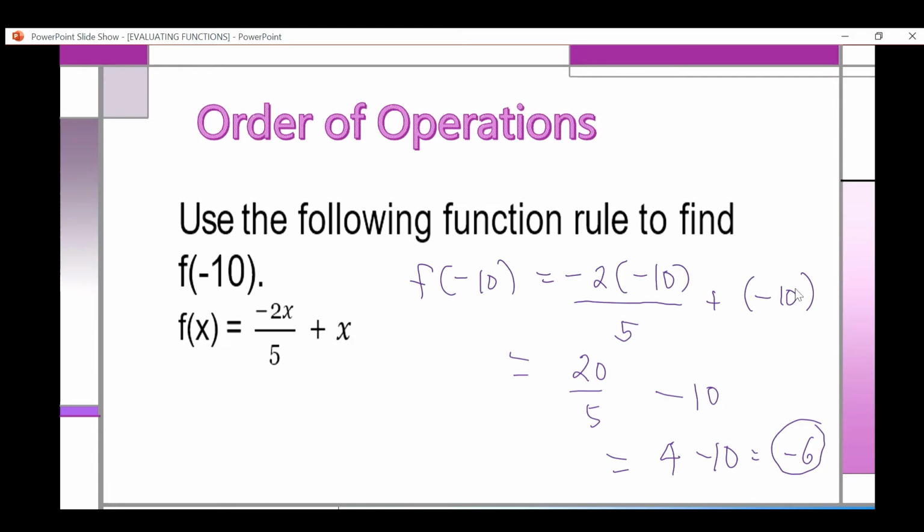So, negative 10. Simplifying, negative 2 times negative 10, that's 20. So, copy over 5. And then, positive times negative. So, negative na natin yung sign natin dito. Then, simplify 20 over 5. That's 4 minus 10. And that is equal to negative 6.